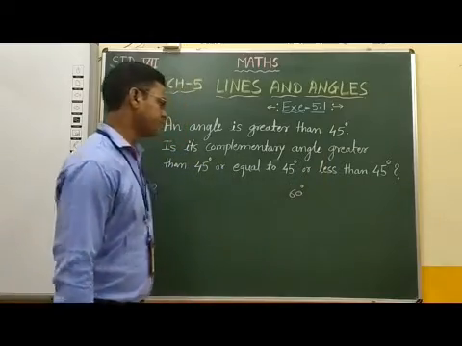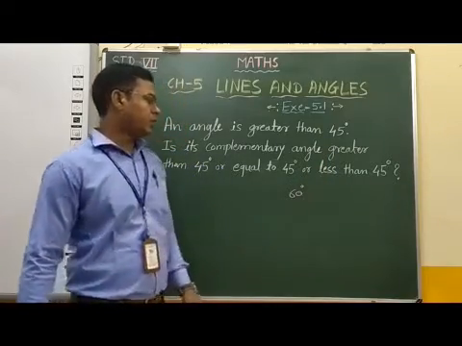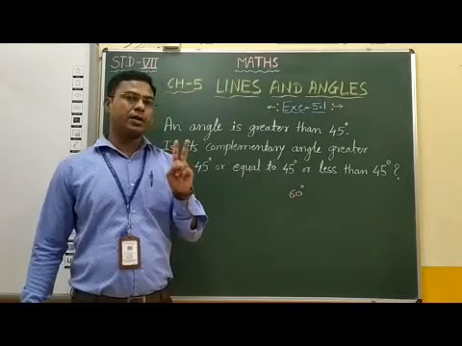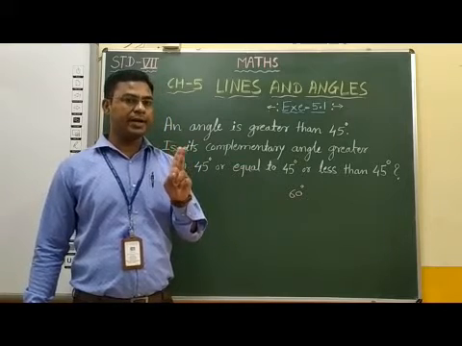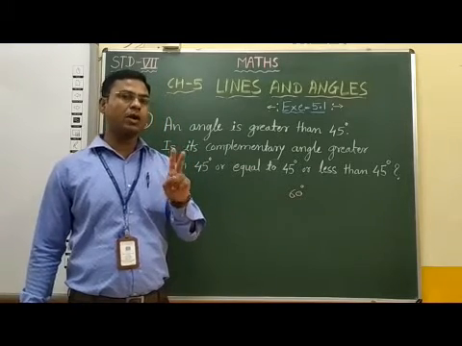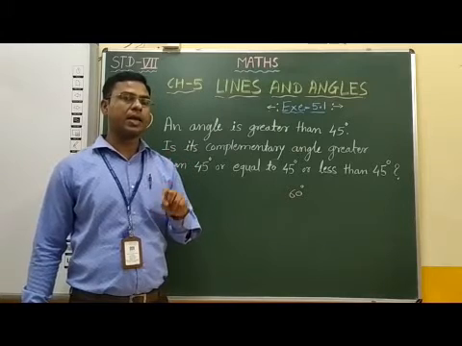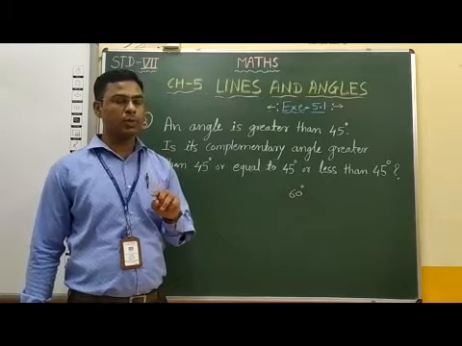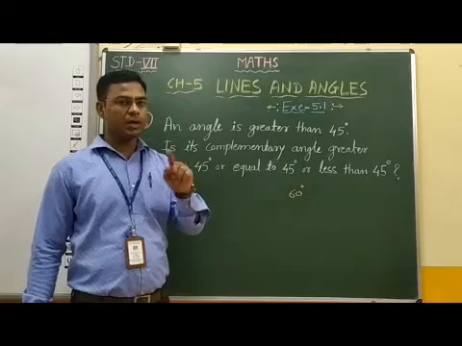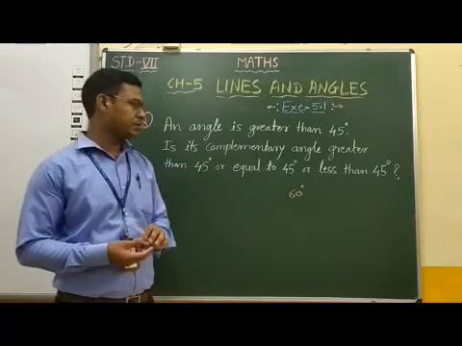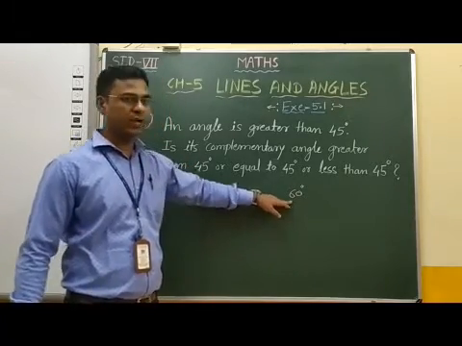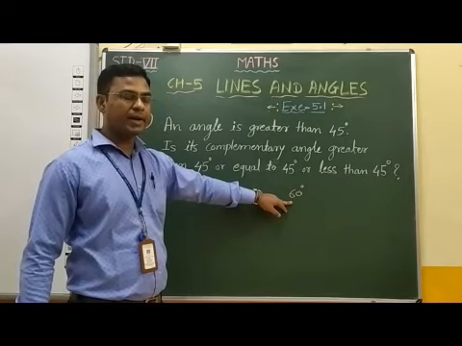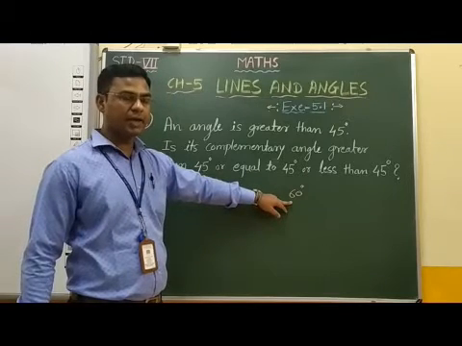45 degree. Now we know that if the sum of two angles is 90 degree, then these two angles are called complementary angles, and each angle is said to be the complement of the other angle. Therefore, here we have to find out the complement angle of the 60 degree angle.